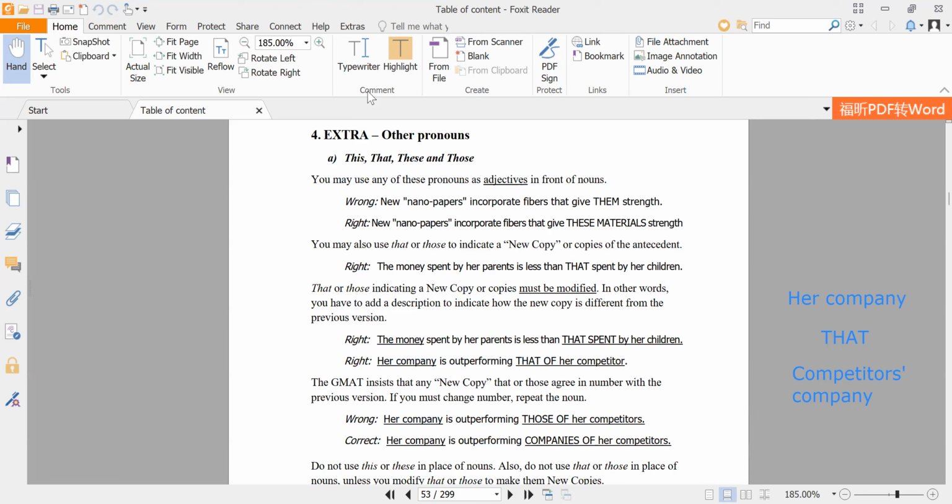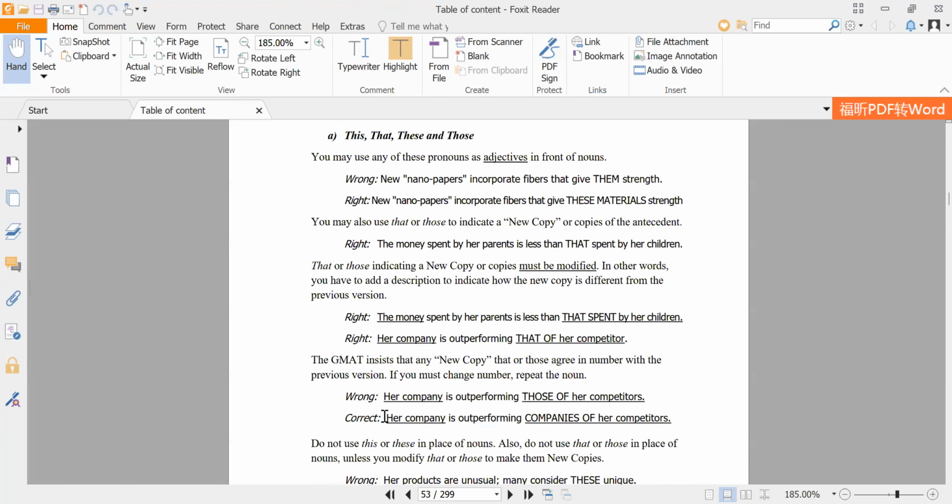But then if I want to actually compare one company with several companies, then we're going to use this version. Repeat the original noun. Her company is outperforming companies of her competitors, or her competitors' companies with the apostrophe. That makes sense. That is correct on the GMAT.